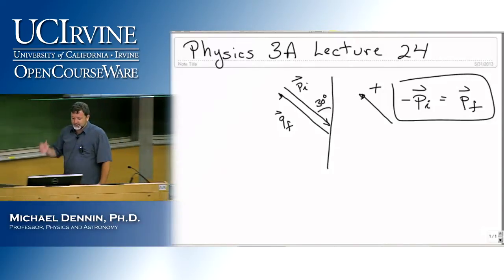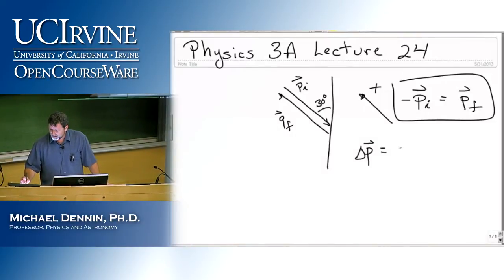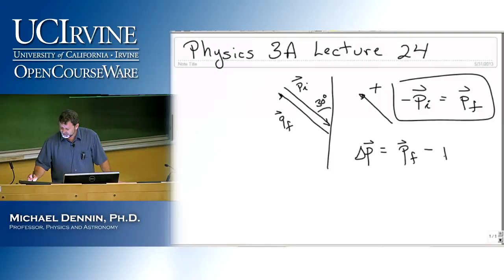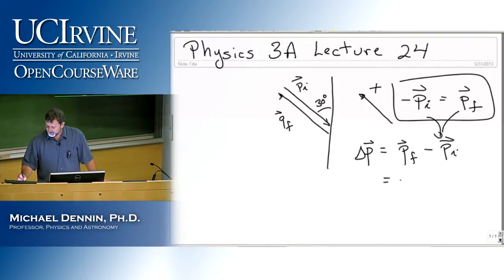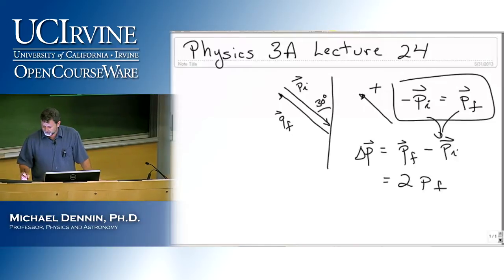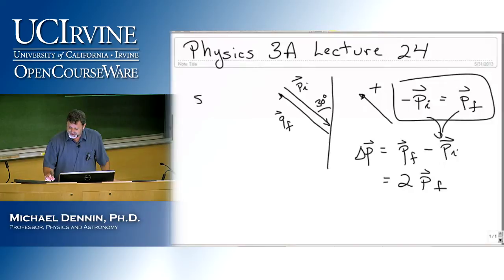But that's the basic situation we have. It's all in one direction. So delta P is pretty easy, right? If I do P final minus P initial, and that's negative P final, I just get 2 P final as my answer. And I was told it leaves with the same speed that it hit with, and we were given the mass.